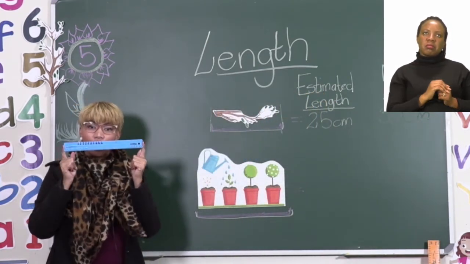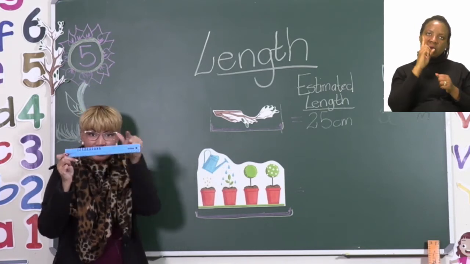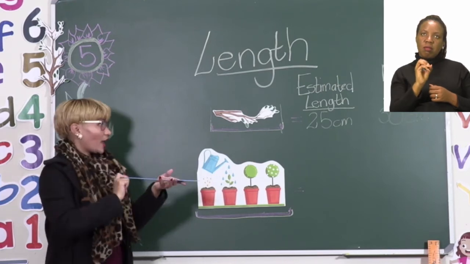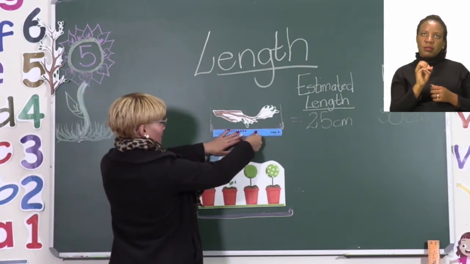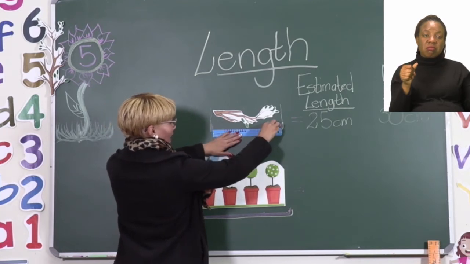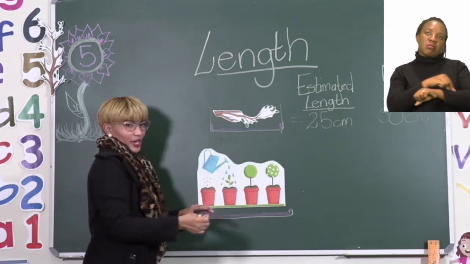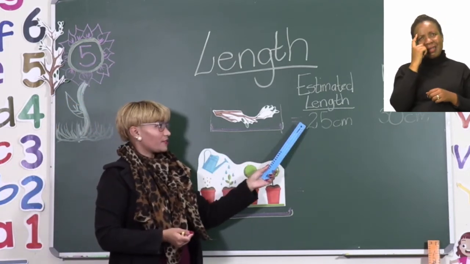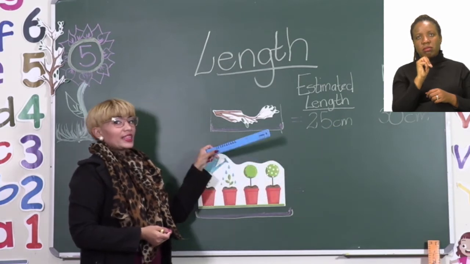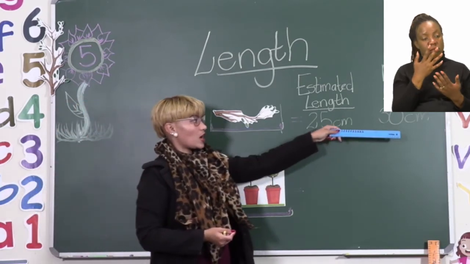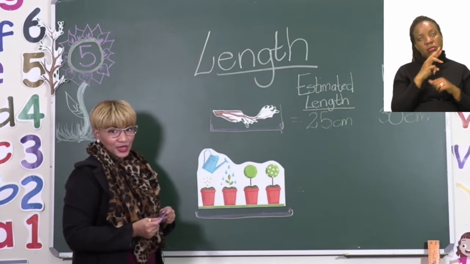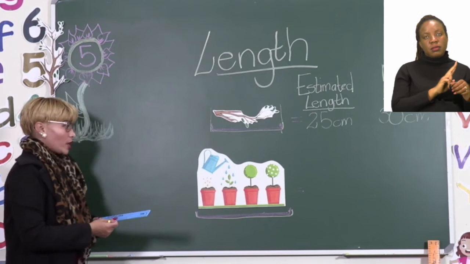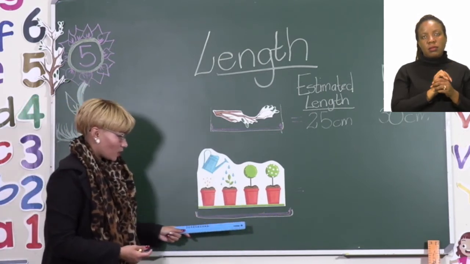Remember everyone, one ruler is 30 centimeters long. If I put my ruler here, it measures the entire length of my object. So you will see that I guessed it is 25 centimeters long, and then I measured it and it was 30 centimeters. Let's look at our second object, which is pot plants.